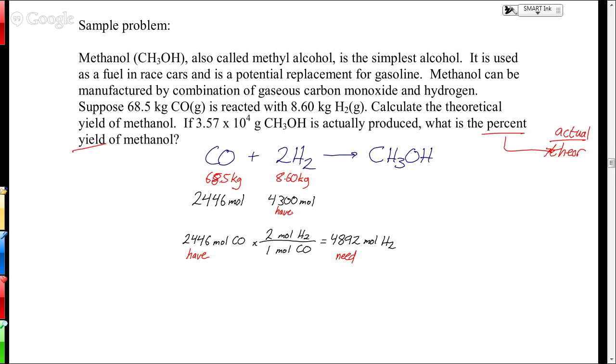And then this is how much H2 we have, which is less than what we need. So that means that the H2 must be limiting. See where that comes from? Sometimes it's confusing. So please practice this and see where that comes from.